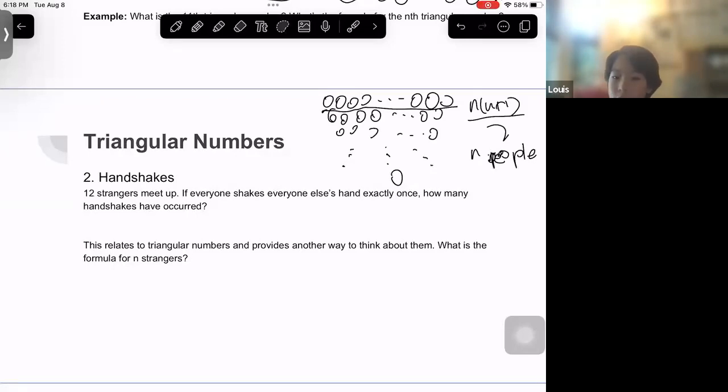So every person shakes hands n minus 1 times. So the answer is just n times n minus 1 if there are n people.